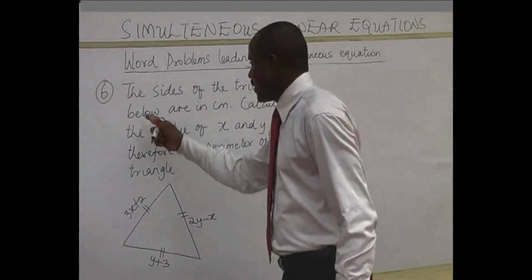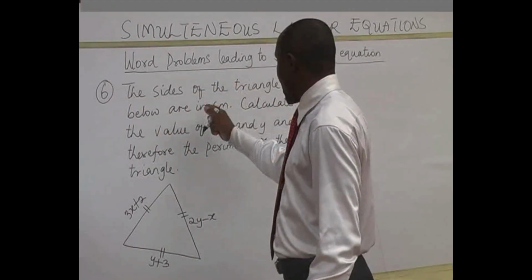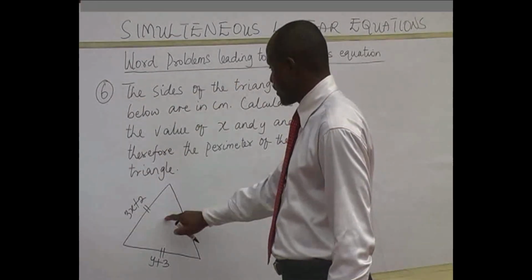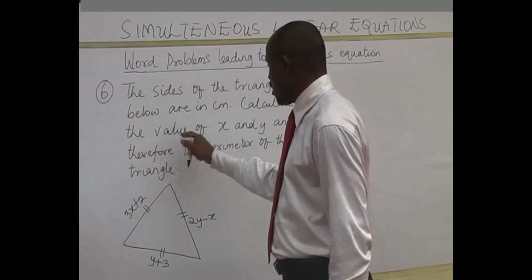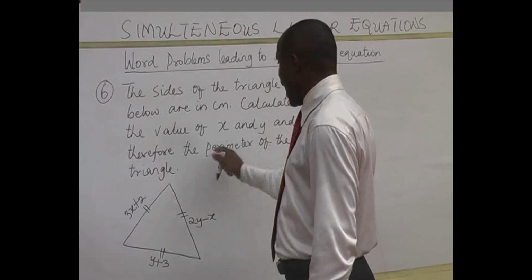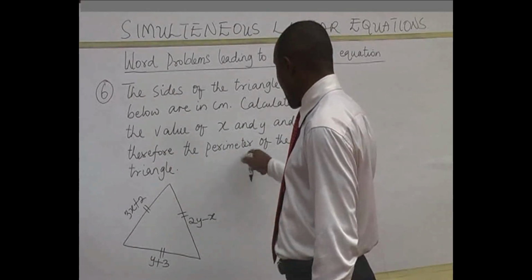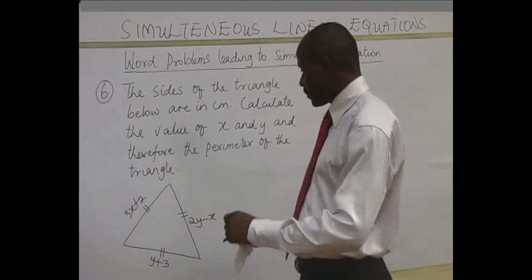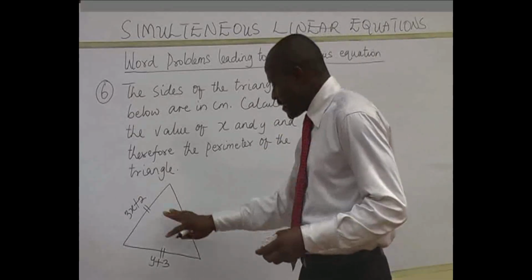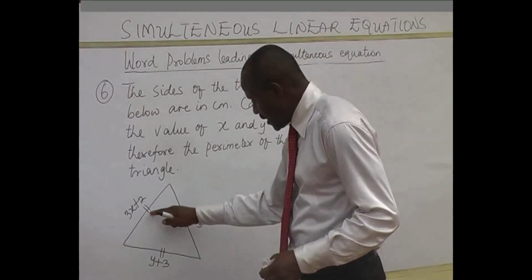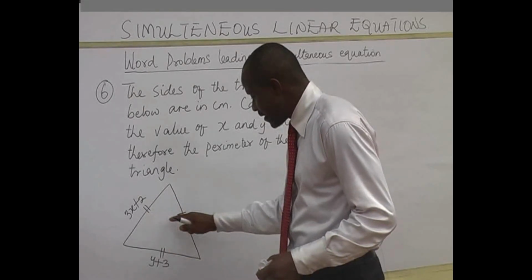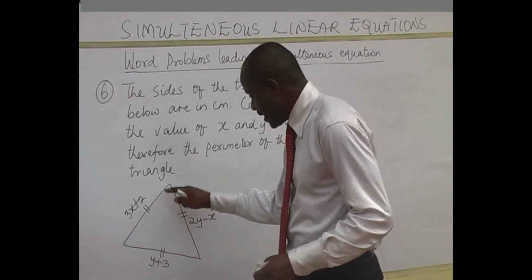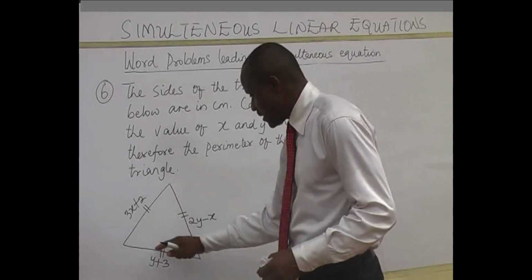The sides of the triangle below this one are in centimeters, okay? Calculate the value of x and y, and therefore the perimeter of the triangle. Now this triangle, because of these equal strokes on the sides, shows that this side is equal to this side and is equal to this side.